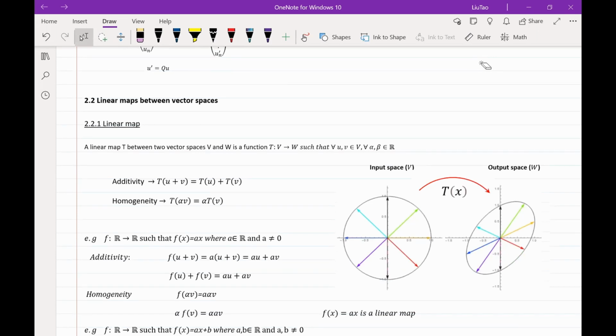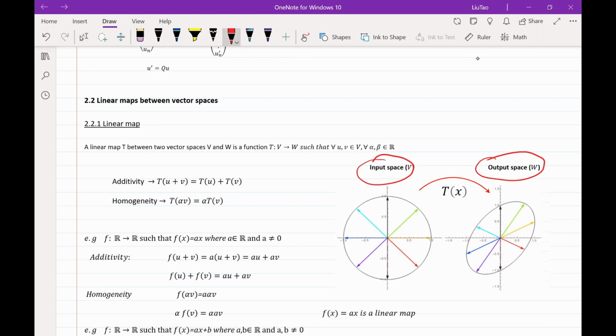To start off, let's talk about what a linear map is. Let's take a look at the figure on the right. A linear map is a relationship between an input space and an output space. We have two spaces here.